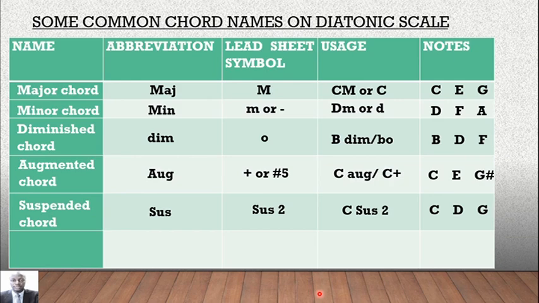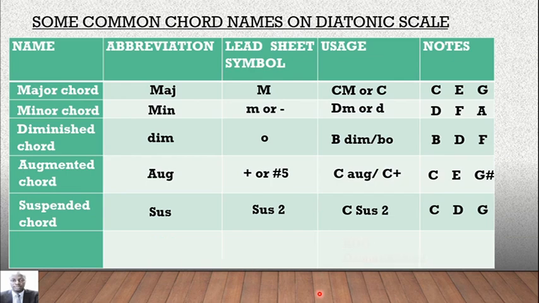Alright. So you are suspending the third, you're moving it backwards to the second, so that you have an unstable chord that calls for resolution, right? And we're going to be talking about them deeply in our subsequent videos.